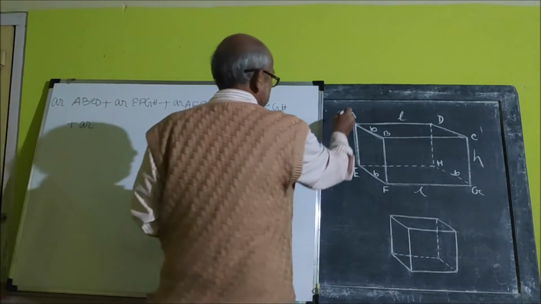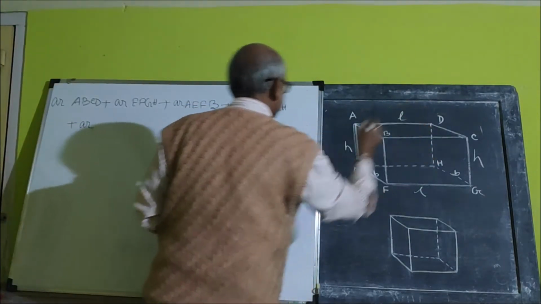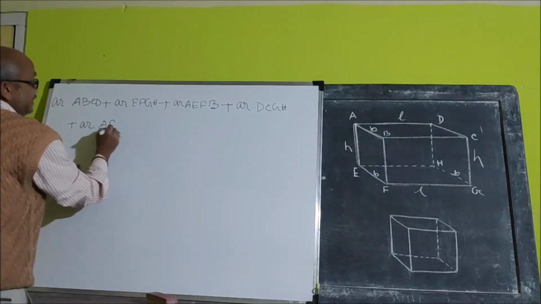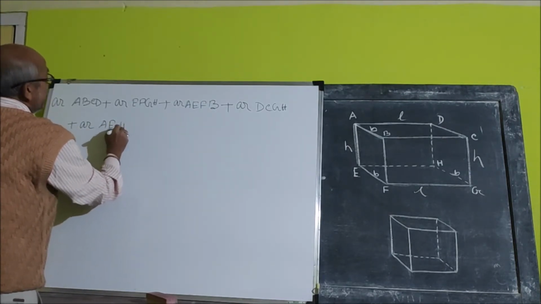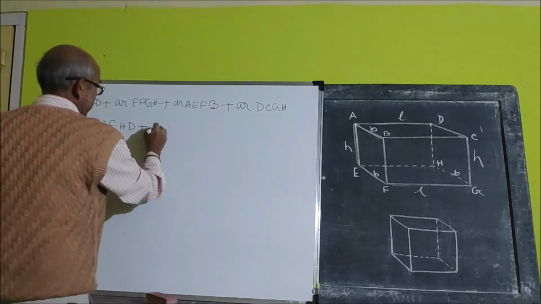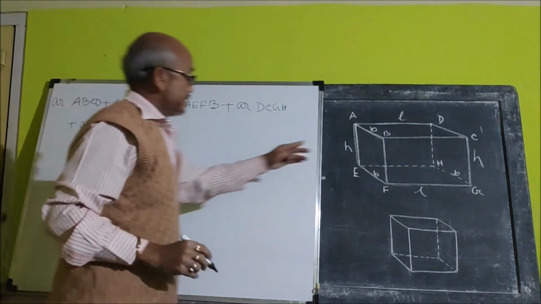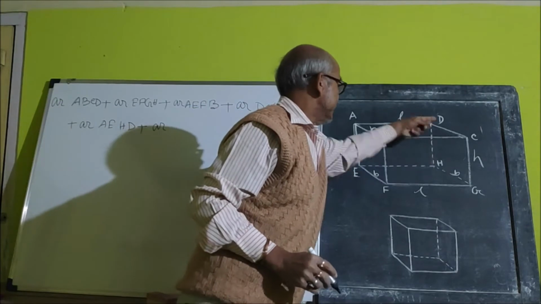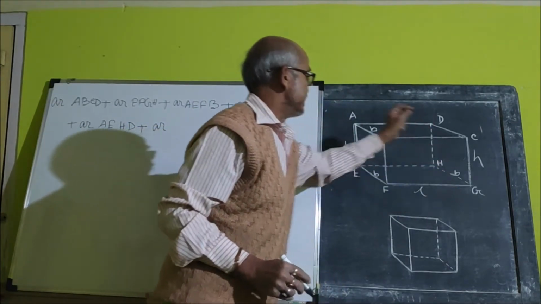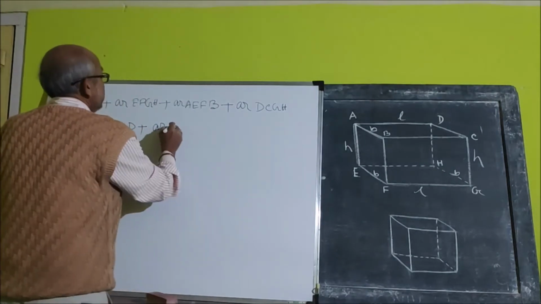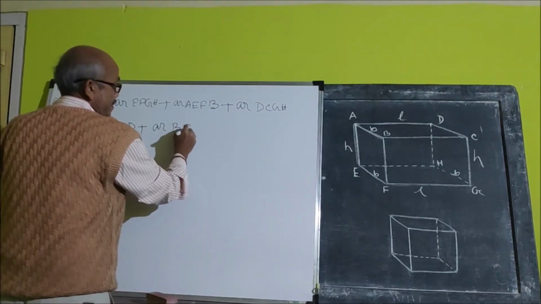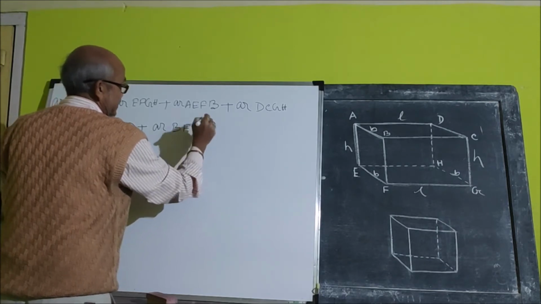The front side is AEHD, plus the area of the back side, which is BFGC.